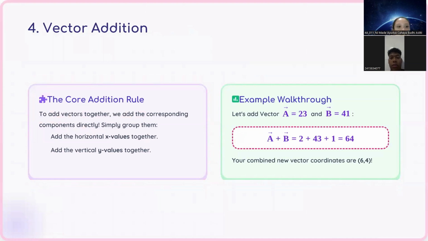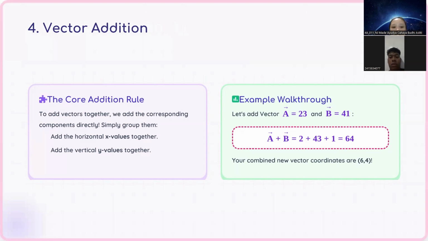To add vectors together, we need to add the corresponding components directly. Simply group them and add the horizontal x values together and add the vertical y values together.